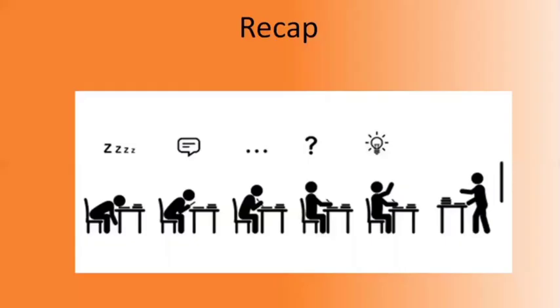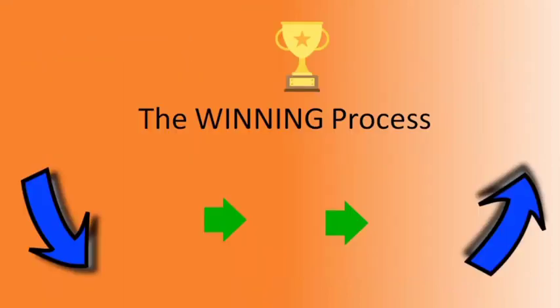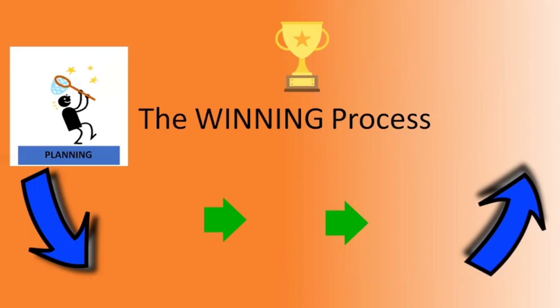Now, let's recap what we looked at in this video. Can you name the 5 stages of the writing process? And let's see if you were right. The writing process, which is also the winning process, first begins with planning.